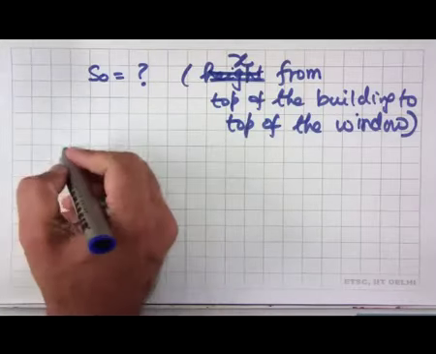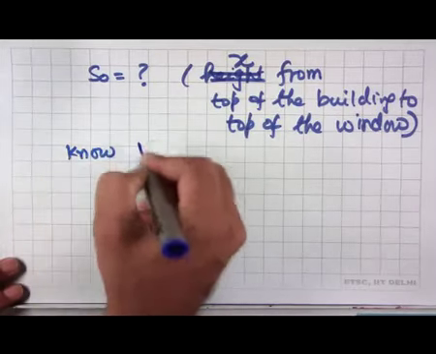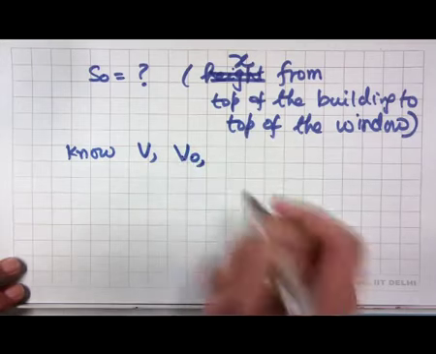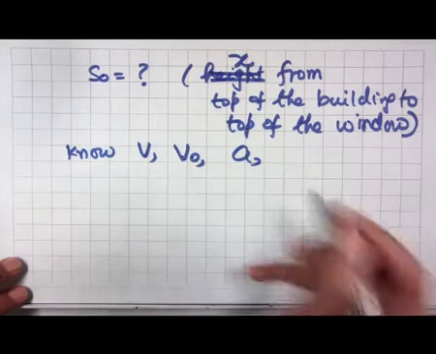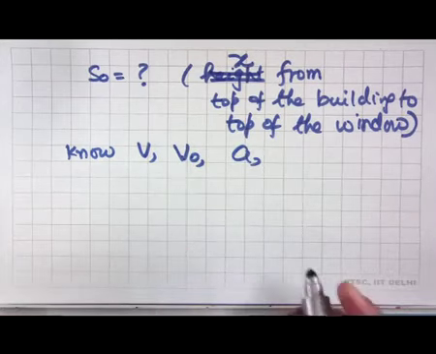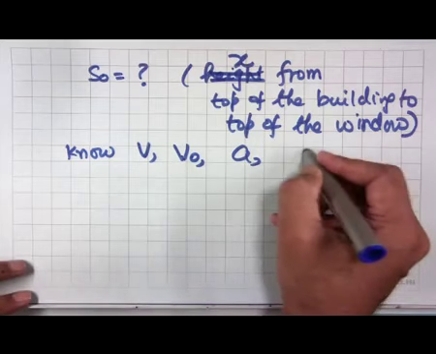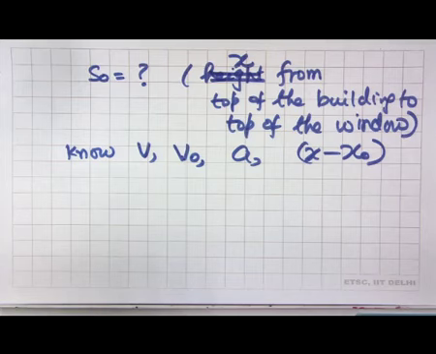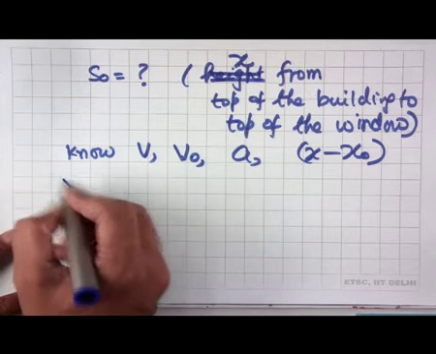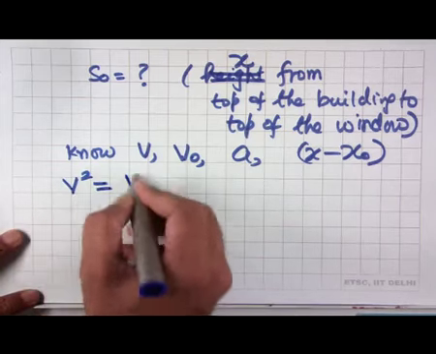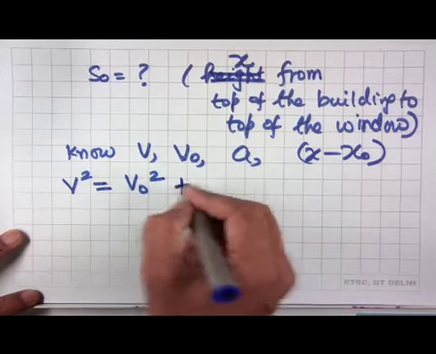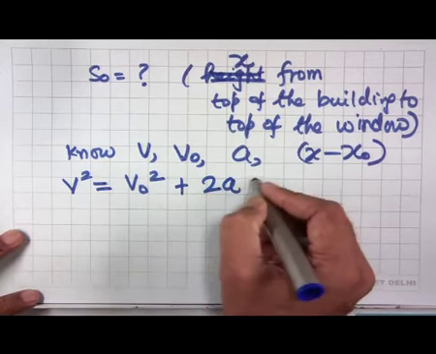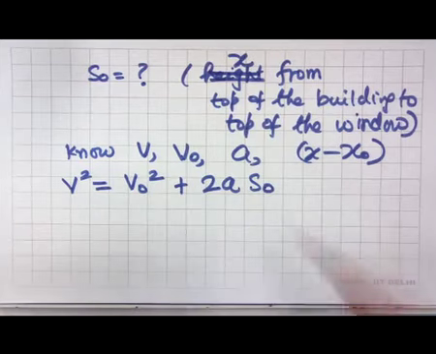So, therefore, we use the formula that we know. We know v, we know v 0 and we know the acceleration, and so we can use this to find the distance x minus x 0. So, we use the formula v square is equal to v 0 square plus 2a times x minus x 0 is S 0.